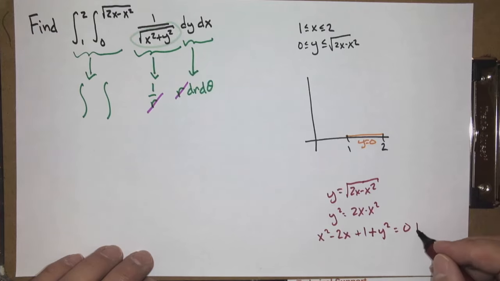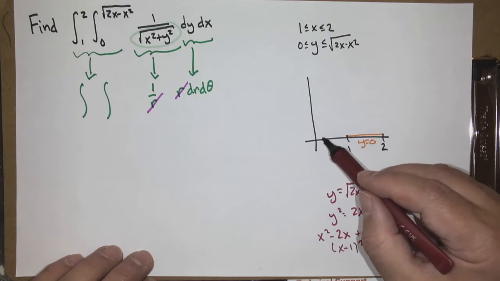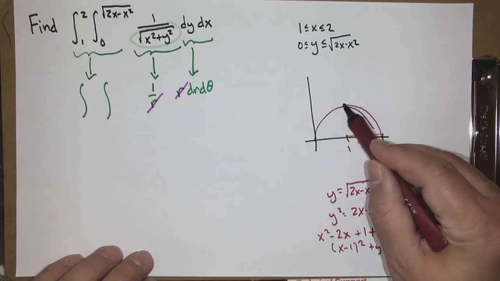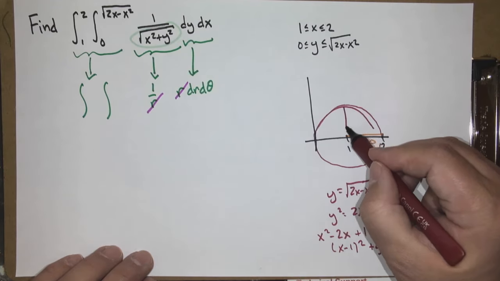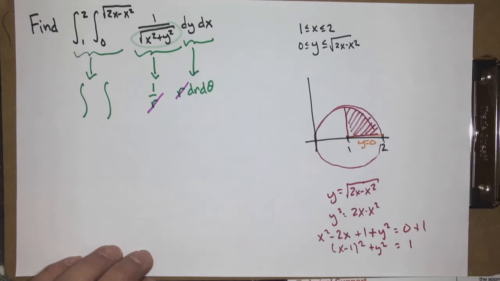Complete the square. You add 1 to both sides. You get x minus 1 squared plus y squared equals 1, which says, oh, this is a circle of radius 1 centered at (1, 0). Now, our region is this piece. That's our region.